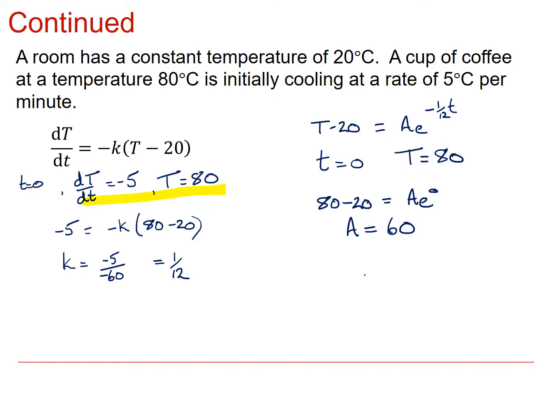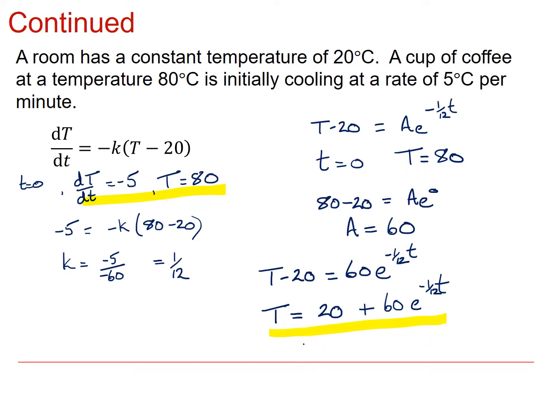And so my solution now becomes that T minus 20 is equal to 60 e to the minus 1/12 t. And finally, therefore, T is equal to 20 plus 60 e to the minus 1/12 t. And this is my particular solution.